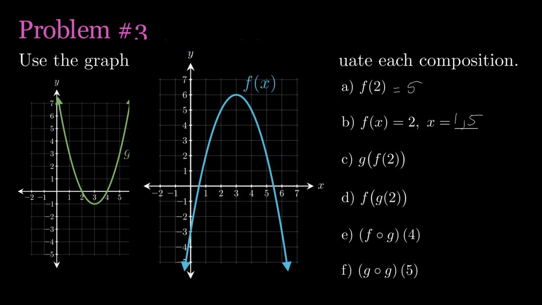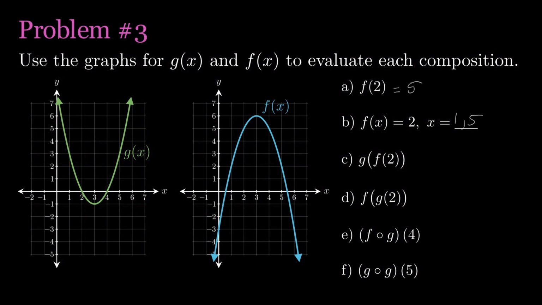Now, the remaining parts are about evaluating compositions of functions, and we start with g of f of 2. So we first have to figure out what f of 2 is. Now f of 2 has already been found in part A. We know it's 5, so it will be simply g of that 5 in here.